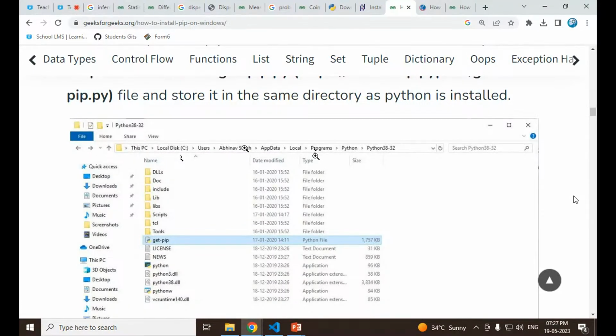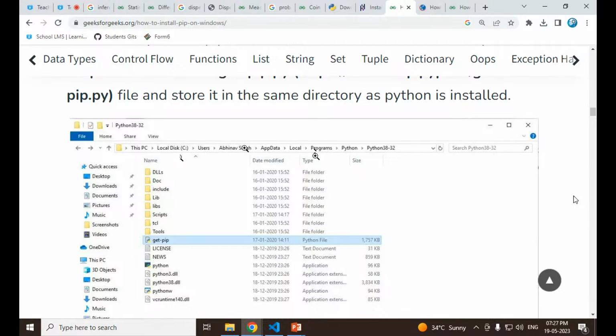Where is it stored? It's here only, on the desktop in your folder. Open that folder. Right click in the open space, the blank space of the window. Git Bash.